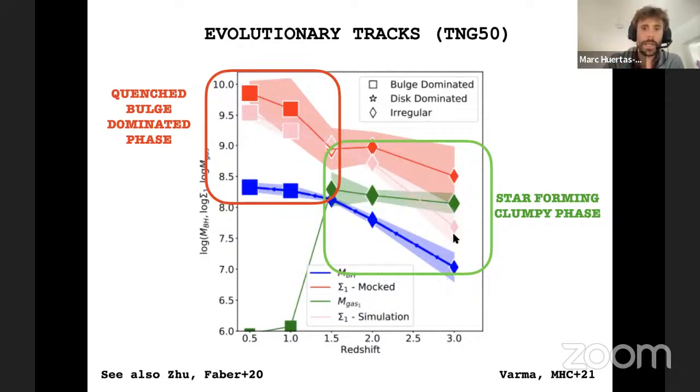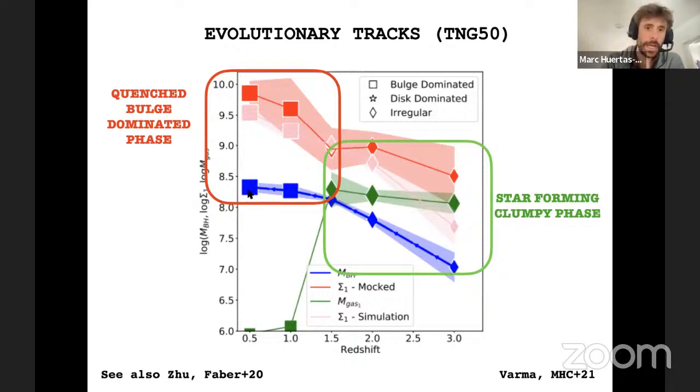You can see the two regimes I'm talking about. First, the galaxy is star forming and irregular. At this time the black hole grows very fast, and sigma-1 and the central density grow, but the morphology is still that of an irregular galaxy.